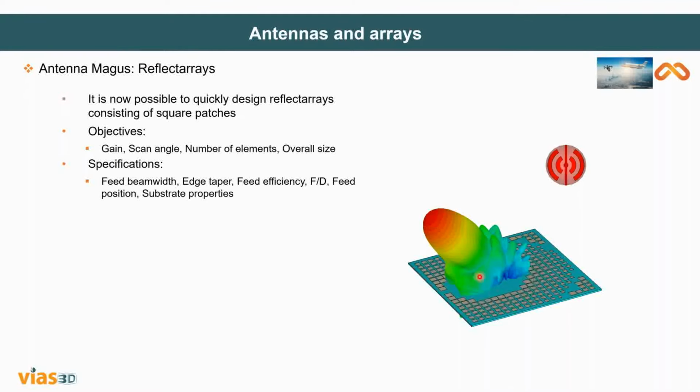Those types of elements will also come for reflect arrays. The nice thing is that you can define many different objectives like gain, scan angle, number of elements, overall size, and the substrate, and even your specification of the feed beam width, substrate properties, and feed position in this reflect array template in Antenna Magus.